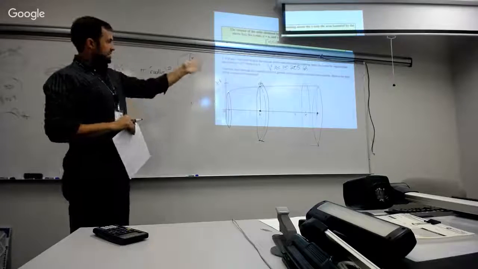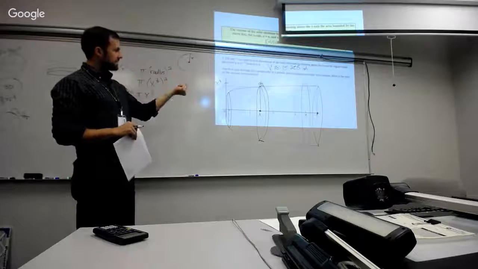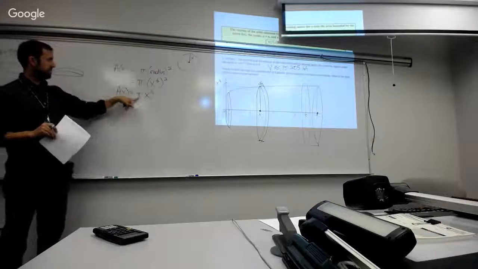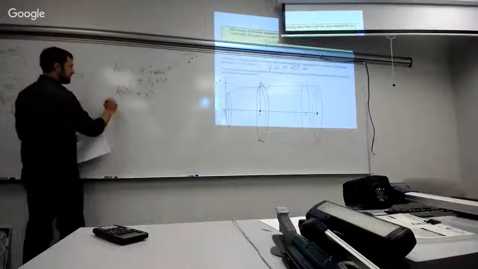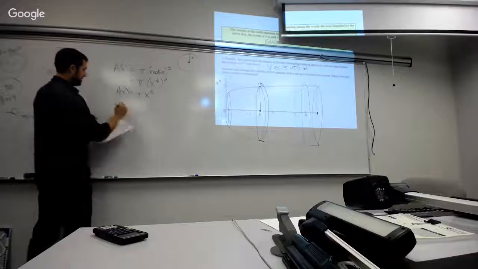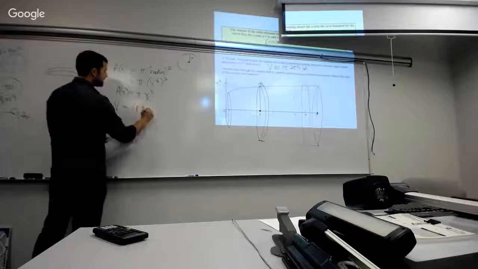So we just chopped up this whole thing into cylinders. Each cylinder is infinitely thin. Each cylinder has a surface area of pi x to the 2/7. And now we're going to say the volume of each disk, or each cylinder, is the surface area of the base times the height.